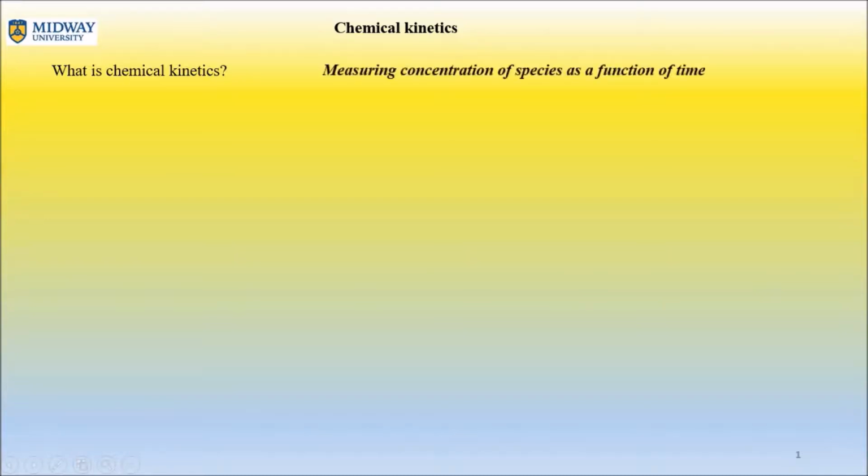So first, let's define what kinetics is. Kinetics has to do with rate, and whether you're coming from a physics, chemistry, or biochemistry perspective, the concept is the same. From a chemistry perspective, you have the word concentration, but the idea is essentially the same: measuring the concentration of species over a period of time, or as a function of time.